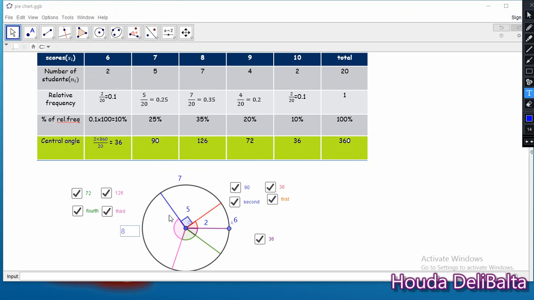Notice it is the largest piece because it has the highest frequency, and so on. Here is corresponding to the value 9, and here is corresponding to the value 10.